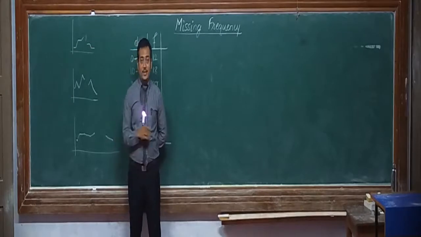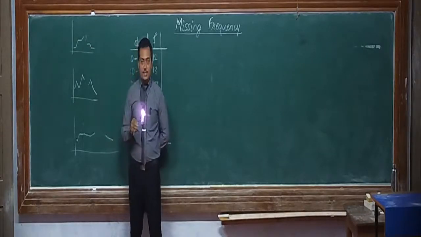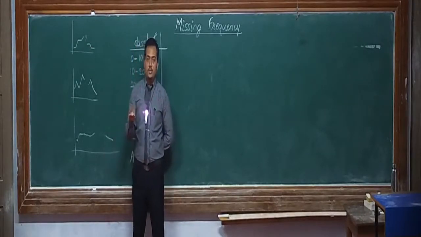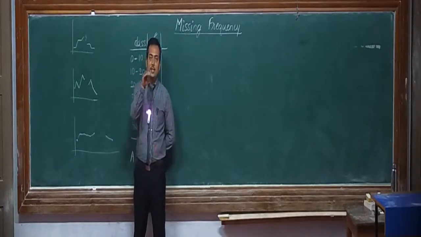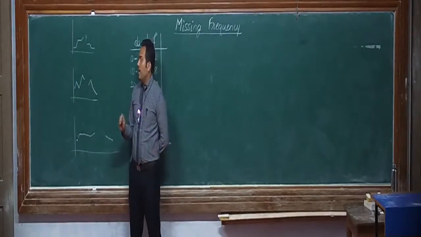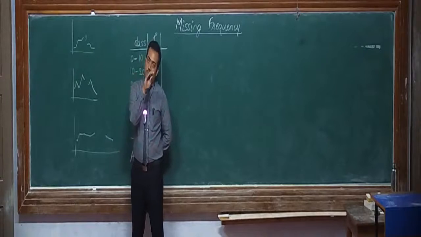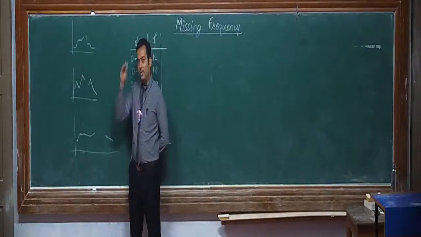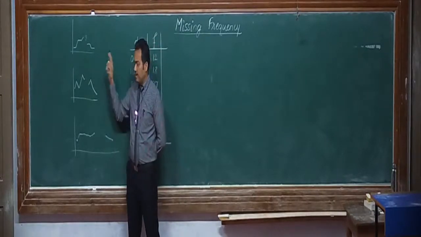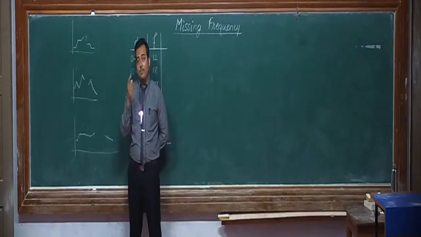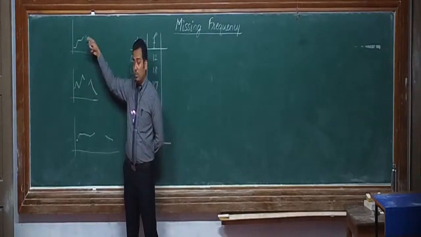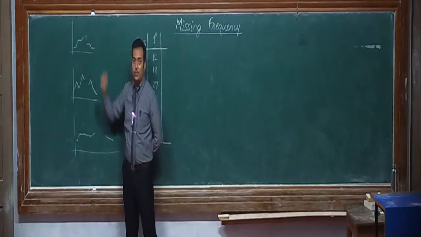So what does the pattern tell? The previous pattern tells that there is a steady frequency, then an increase, again steady and then an increase, so you may expect one more steady step, and then a drop in the frequency. So this is one possibility to predict the missing frequency here.